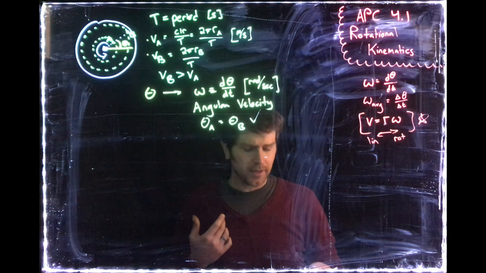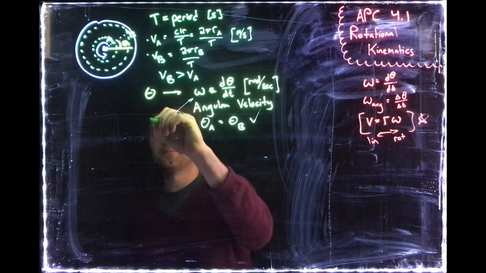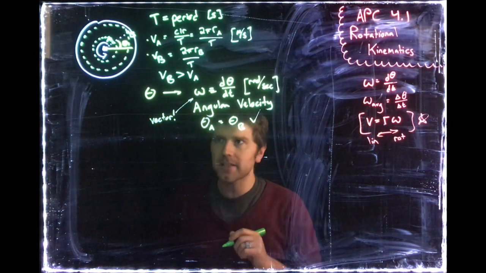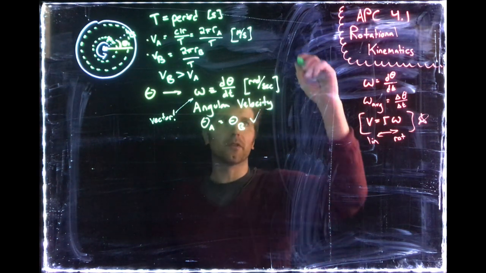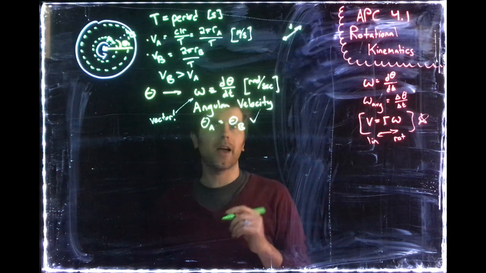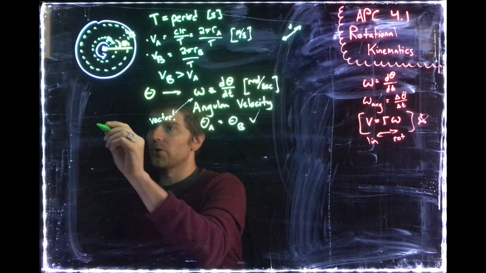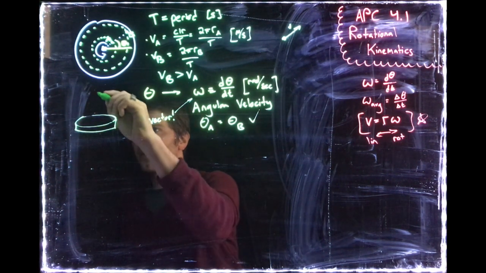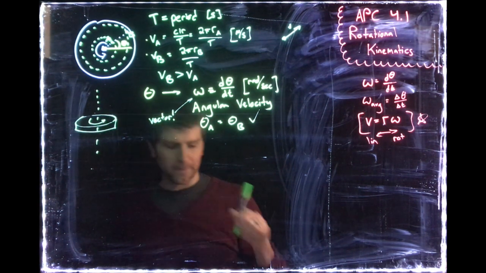It's also worth noting that omega is a vector. One of the funny things about omega is that we're used to vectors being pretty descriptive, right? If an object has a velocity vector that way, well, it's moving that way. What's kind of funny about rotational motion, here's a little disk. Here's its axis, and let's say it's rotating this way.